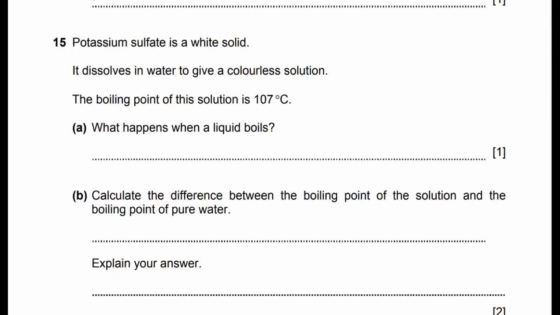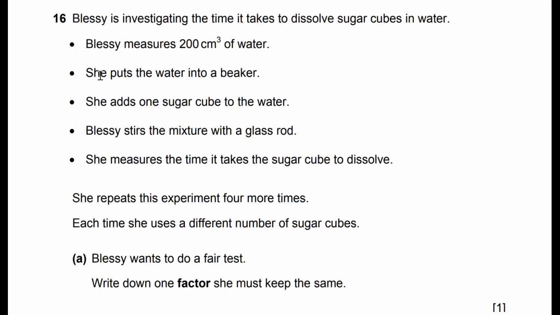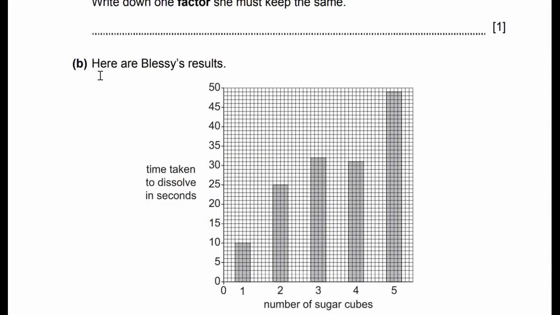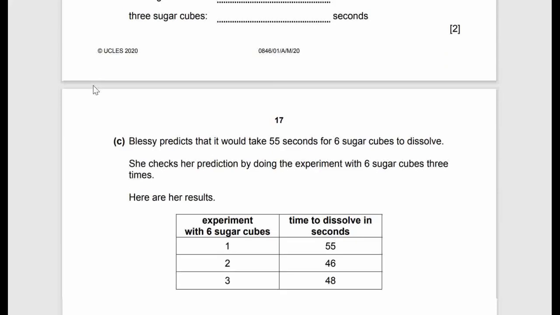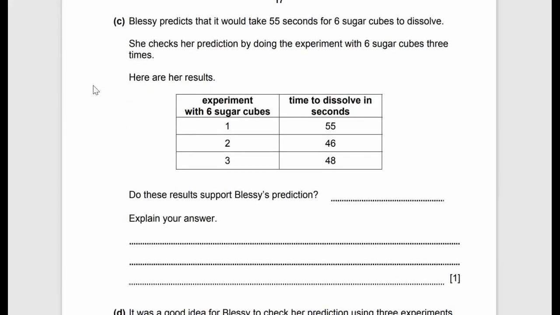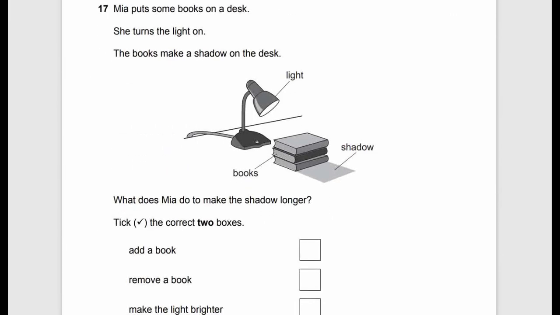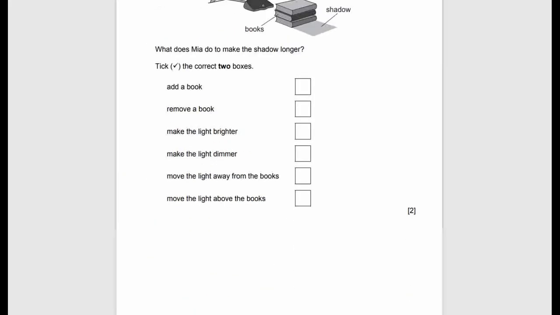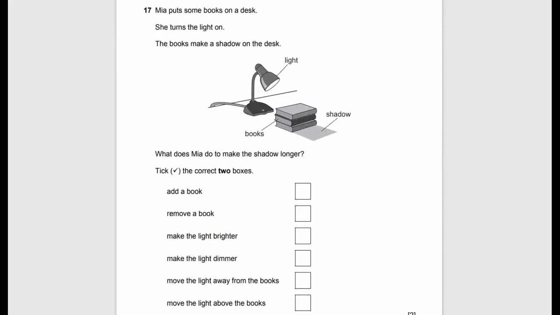Question number 15, and this is question number 16, 16A, and also this is 16B, and also 16C, and also 16D. And question number 17, the last question. Now let's get started from question number 11.